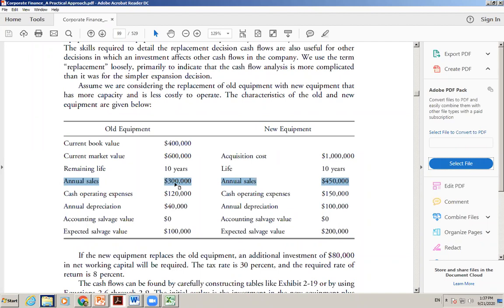With the old one, you are able to produce 300, but with the new one, you're able to produce 450,000. But in terms of the cost, it's more expensive, like if you compare the expenses. Depreciation is even more expensive. So you're not saving any money in here, but you're gaining from the part of selling. And expected salvage value is more here as well. So we will apply the same logic with the expected salvage value.